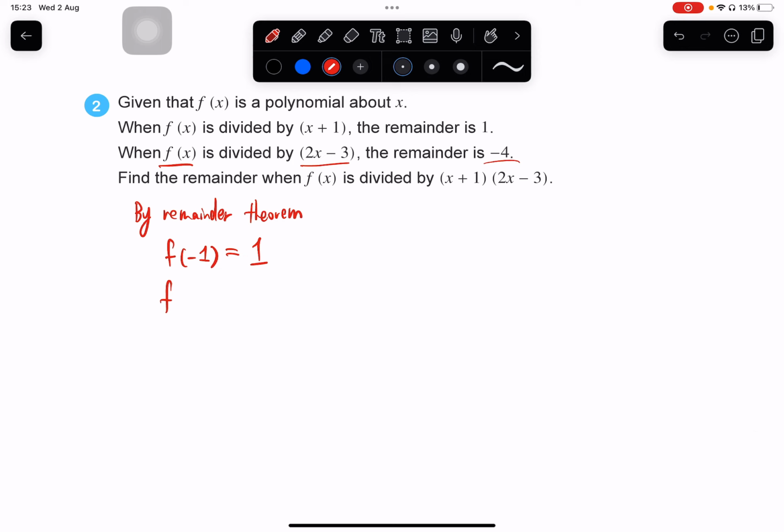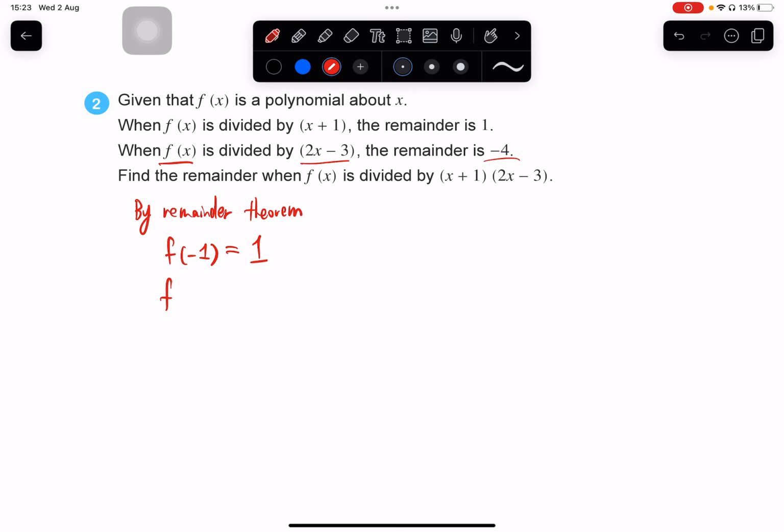So if I have 2x take away 3 and that needs to be 0, it means that x has to be 3 halves, right? And that's going to be equal to minus 4. So we want to find the remainder when f(x) is divided by that.